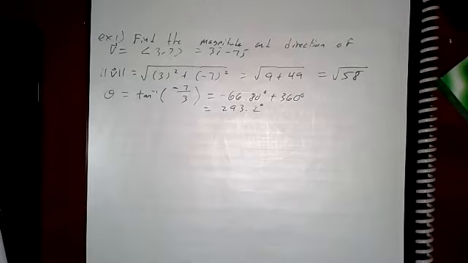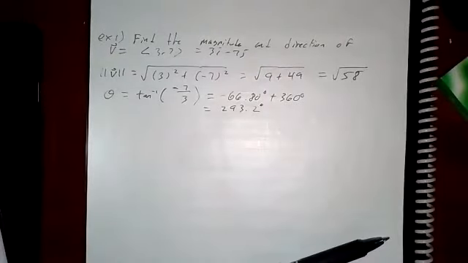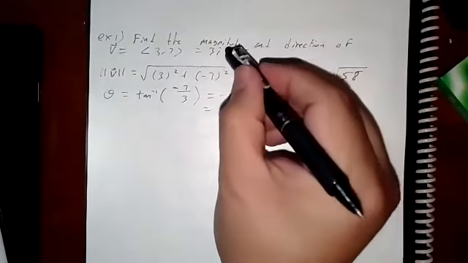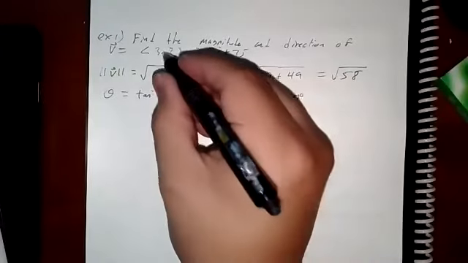Okay, I have a stupid question. Yeah, what's up? Was the original vector 3, negative 7 or 3, 7? It should have been a negative, but let me double check. Oh, actually, it was positive. I tricked myself with my own writing.